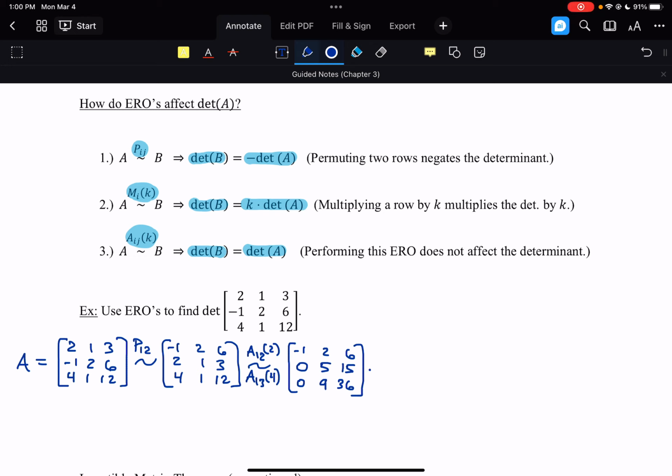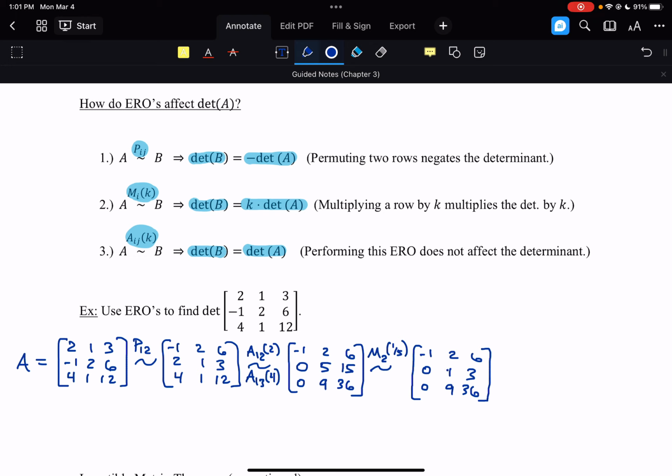I'll go ahead and multiply the second row by 1/5. So negative 1, 2, 6, 0, 1, 3, 0, 9, 36.